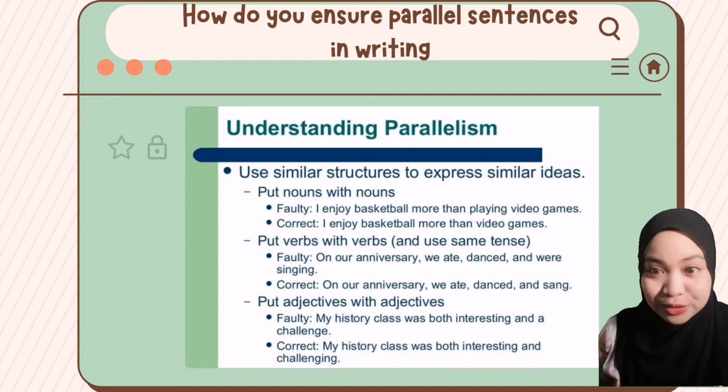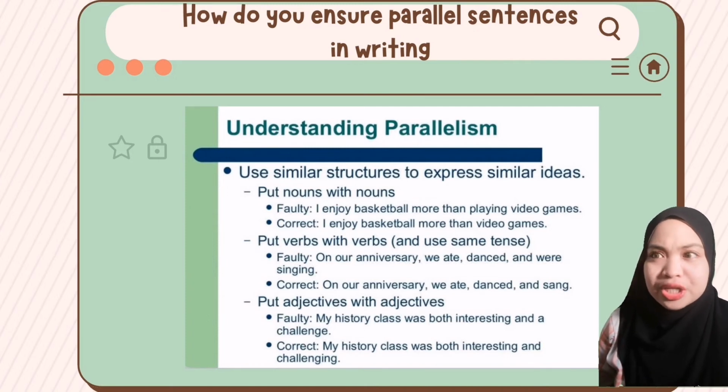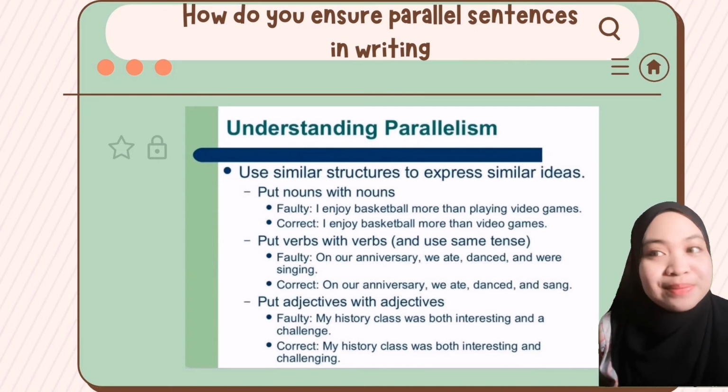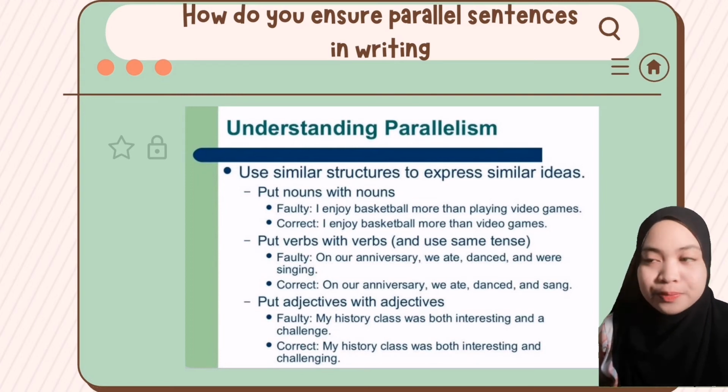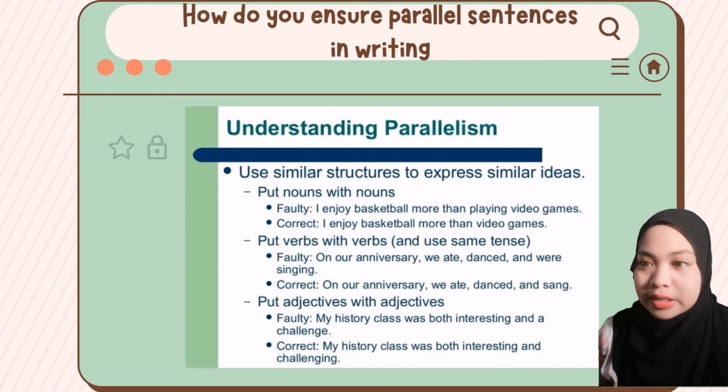First of all, we need to understand parallelism. We can use similar structures to express similar ideas. For example, we put nouns with nouns, verbs with verbs, and adjectives with adjectives.